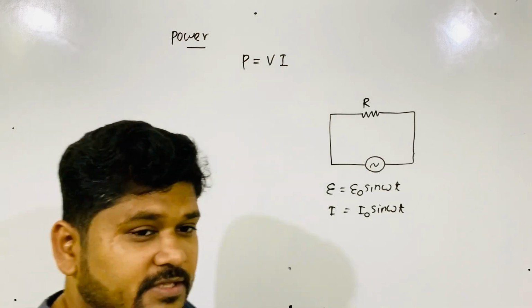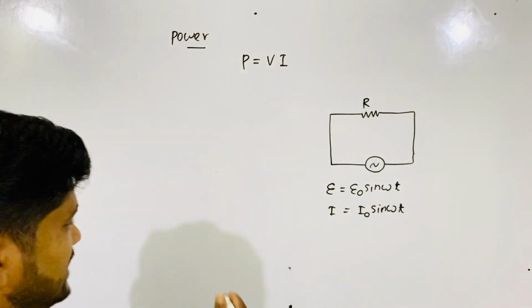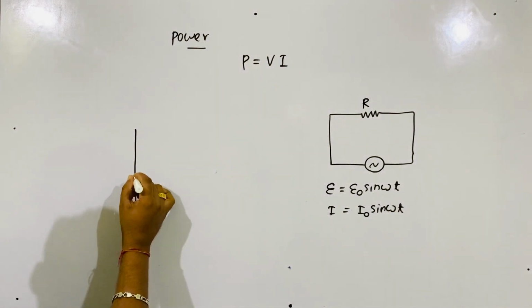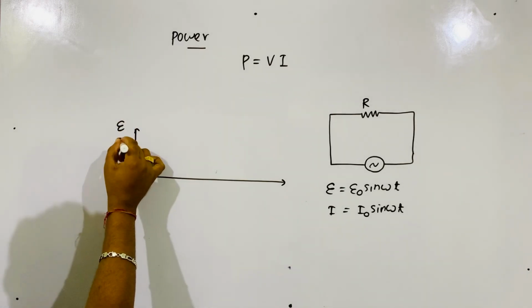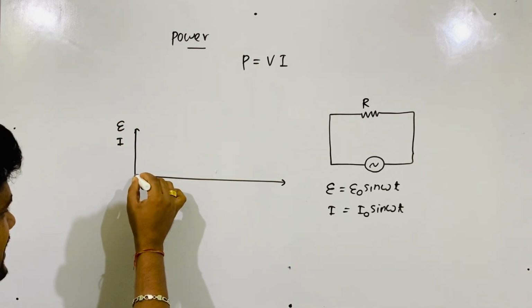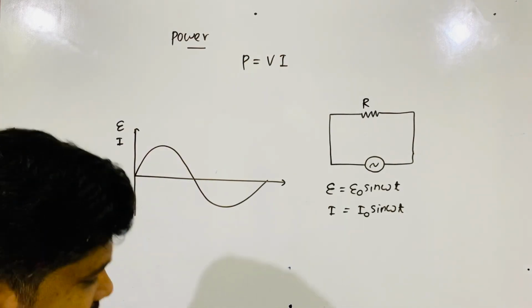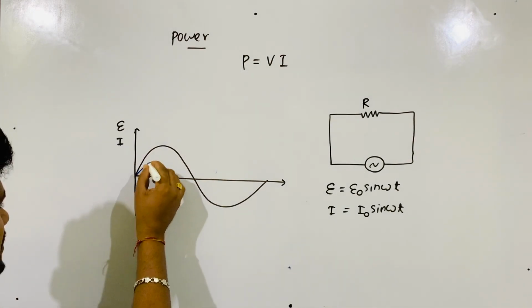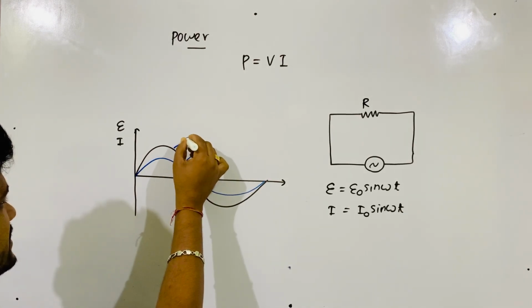EMF equation, then current equation in a pure resistive circuit. Let's draw the time diagram. You have remembered these things. On this axis E and I are taken, and this is the EMF line, and this is the current line. This is the current graph, this is the EMF graph.